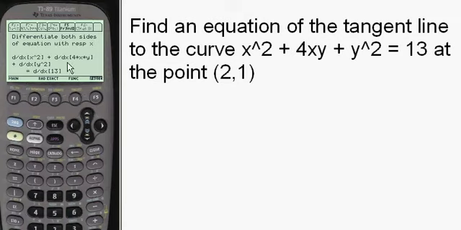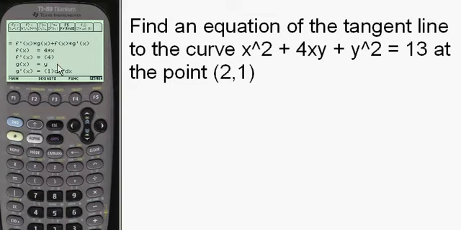And the way you do this in implicit differentiation is you take the derivative with respect to x of every term in the function, including the 13 over here, the answer. So I do that for you. Here's the derivative of x squared with respect to x, which is 2x. The derivative of 4xy, you can't just multiply that together, you have to use the product rule.